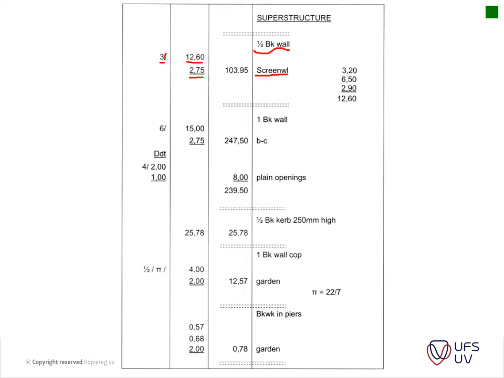So this little item here is known as a multiplier, and then if there's no stripe underneath an item, then it's multiplied with that item. So don't break your head about this. I'm not going to test you guys on how these measurement and squaring papers actually work, but you just need to know that the QS usually does a measurement like this, and then takes the quantities, adds them together, groups them together, and then adds them to the bill of quantities.